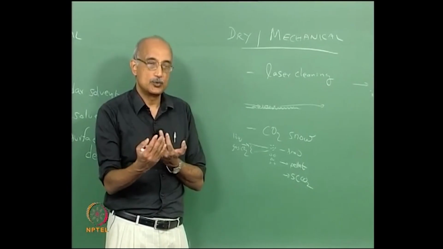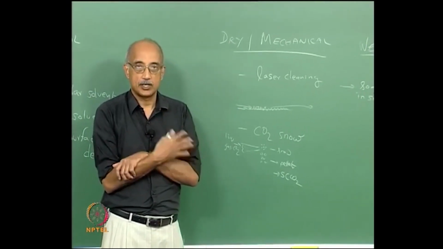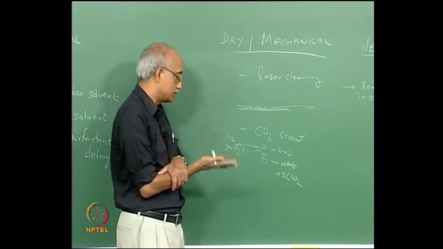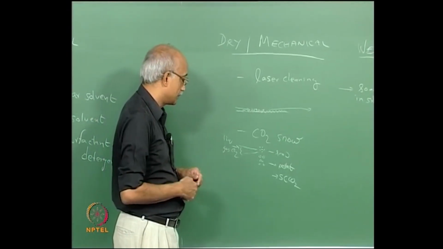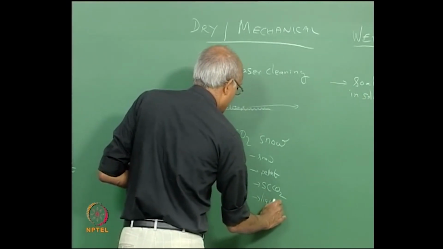So from a particle removal viewpoint, it combines the best aspects of both liquid carbon dioxide as well as gaseous carbon dioxide. And by the way, if you liquefy it, you can certainly produce liquid CO2.